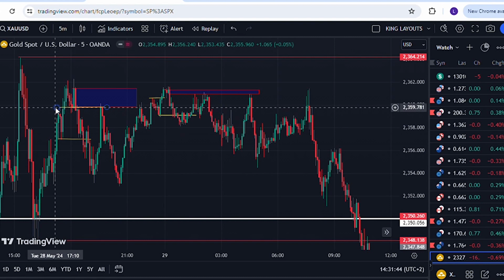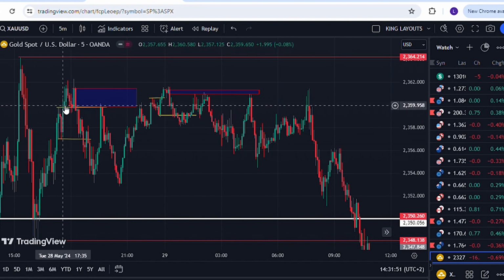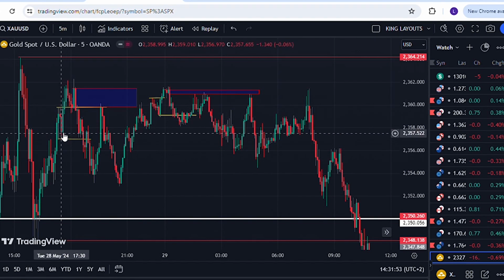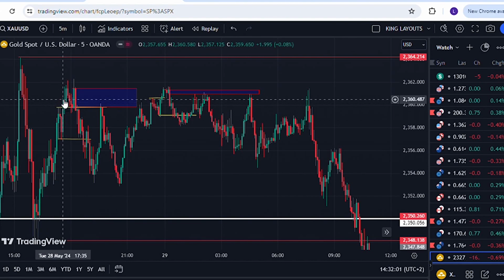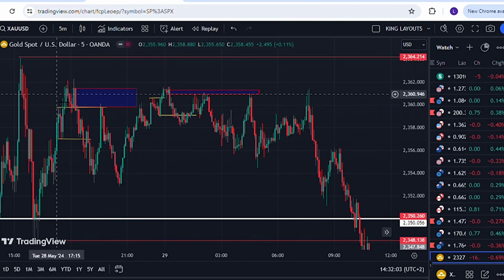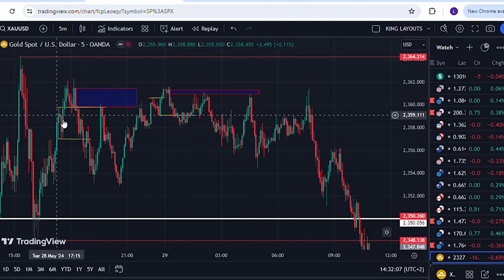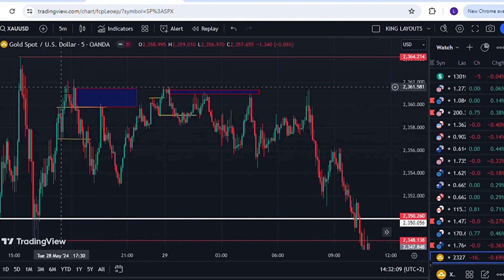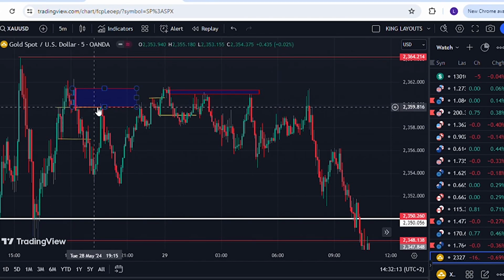So you had a higher high here, it went down, created a low, and then a higher low, and then this higher high, there was a break, so it became a previous higher high, and this one became the new higher high, right? So this break of this higher high is called the break of structure.